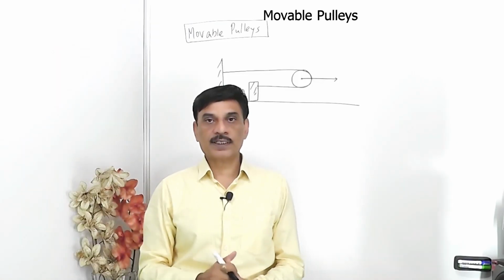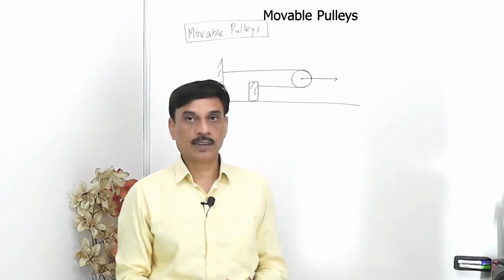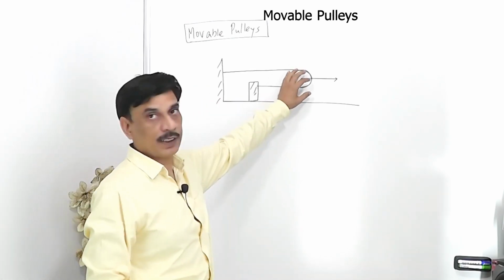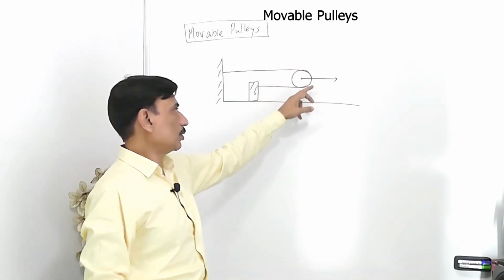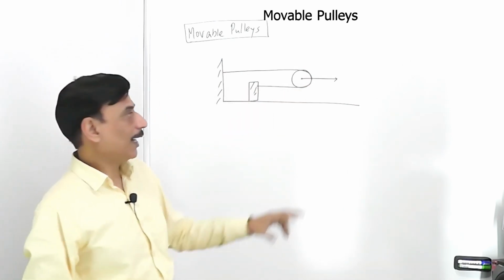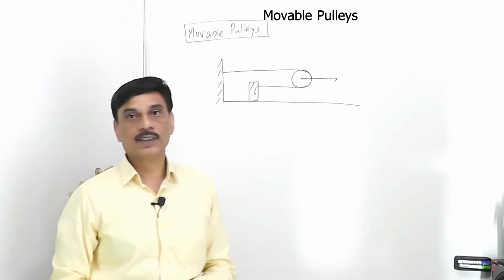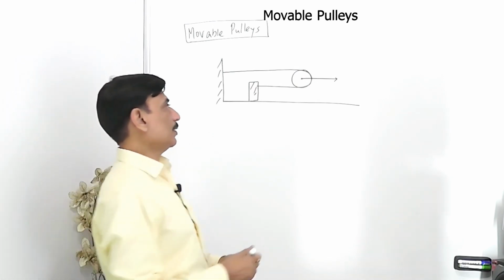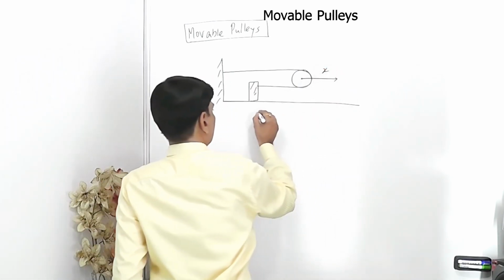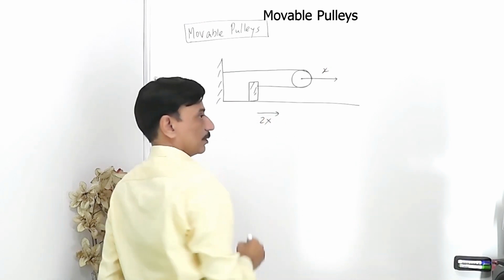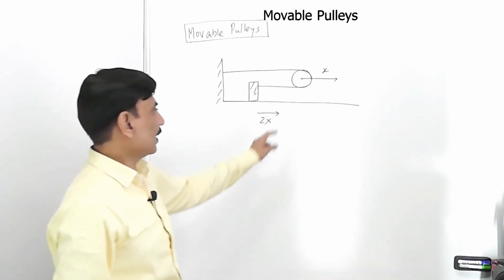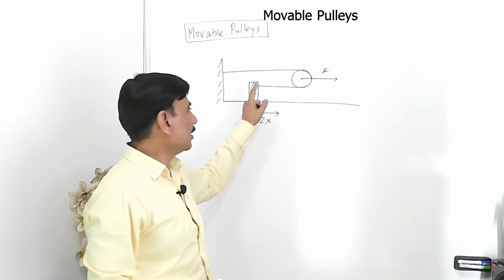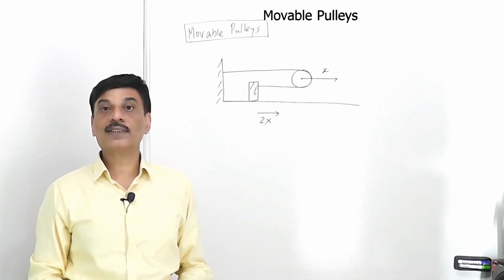The important concept in cases where there is a movable pulley, one end is fixed, and on the other end there is a mass, and this is pulled by x, is that this block will move by 2x. That is, if this moves by some distance, this will move by double the distance in the same time.